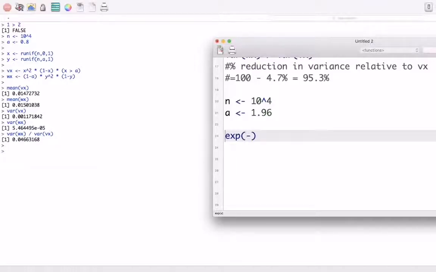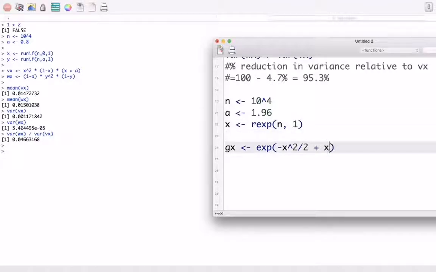Minus, let's say I put gx, x squared over 2. Before that, my x is drawn from exponential 1, right? This is plus x, and then this thing is divided by square root of 2 pi.